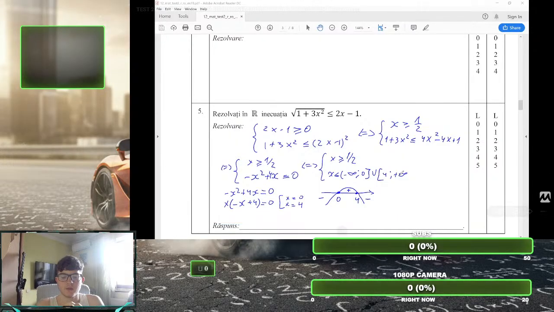Yes, from 0 till 4, minus plus minus, like that. And you have to take the positive values, or actually the negative values. Why the negative? Because it's smaller, I guess.